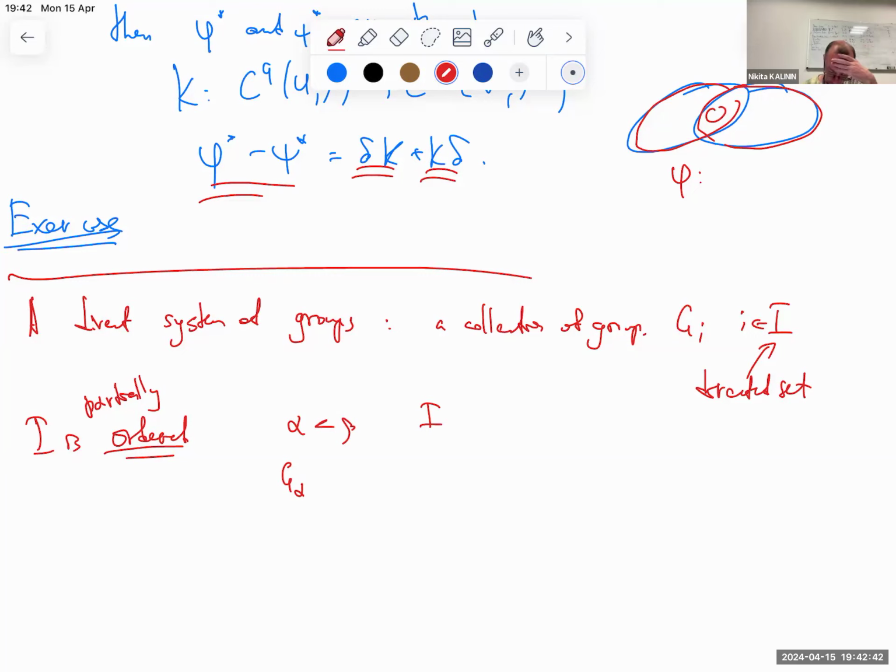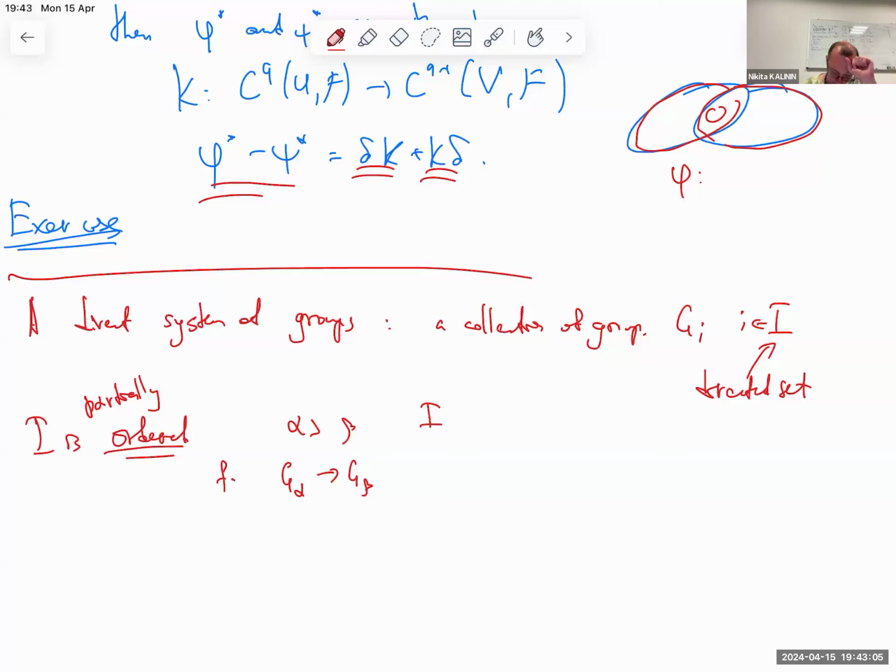Well, now it's a question, in which direction? So let's say if alpha is bigger than beta, then there is a map from G alpha to G beta. So here beta is smaller, it means beta is a refinement of alpha. So that's the idea.